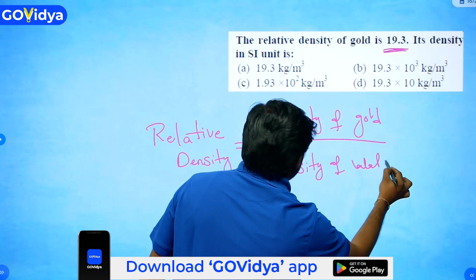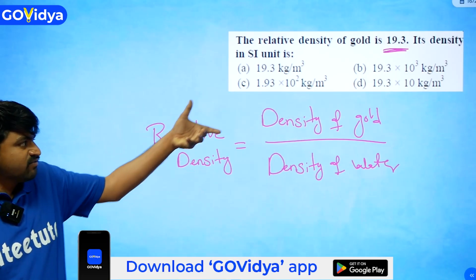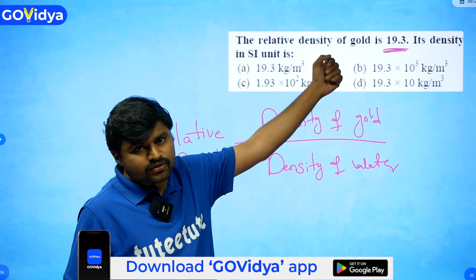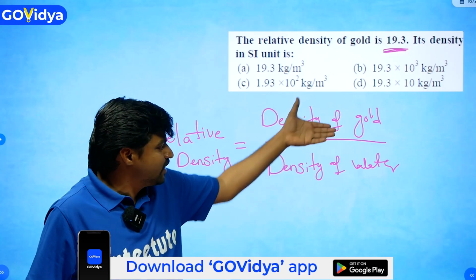Relative density is equal to density of gold, or density of any metal, but in the question they gave gold, so I am writing gold. Density of gold by density of the water.